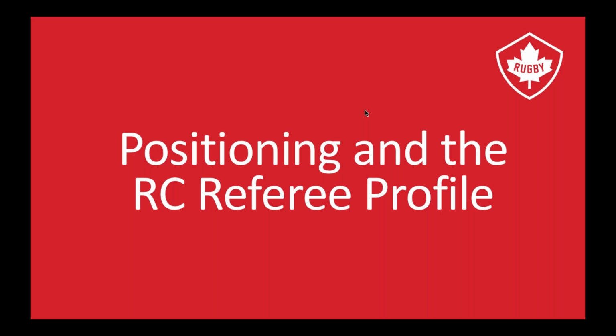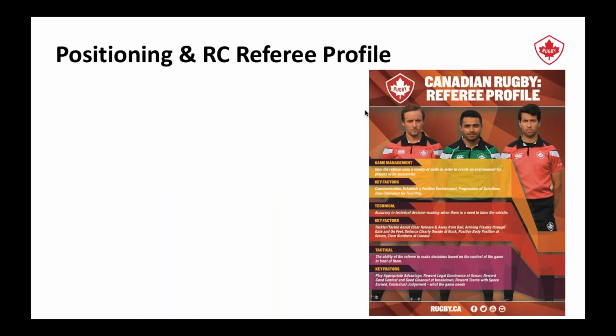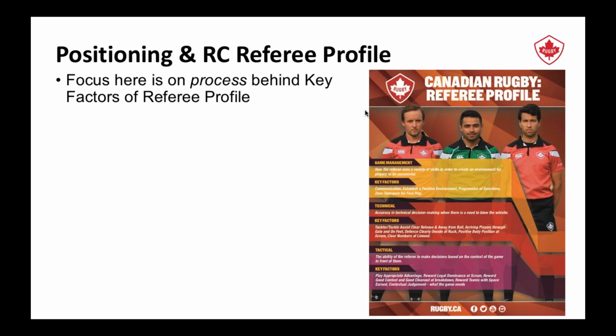So how our module today fits into our referee profile. There again is the image of the profile. Our focus tonight is on a process behind what our key factors are. If we look at the image of the profile itself, we'll see that there's a few key factors under each of our three pillars: game management, technical, and tactical. The key factors are basically the outcomes we want to try and achieve over the course of a game or a season, or from game to game.